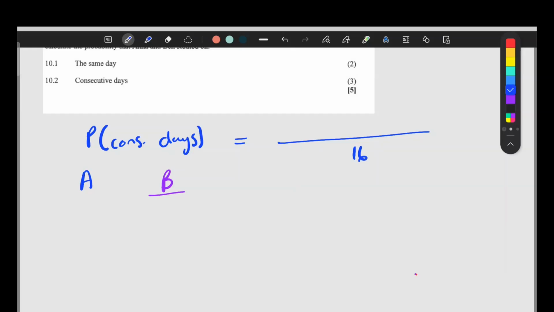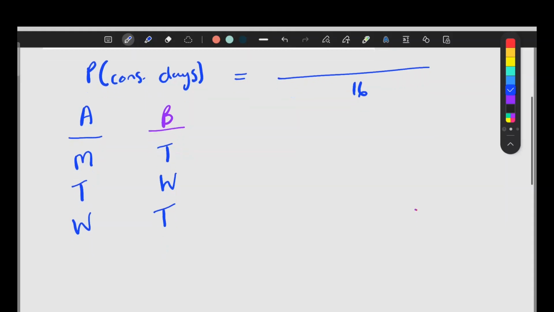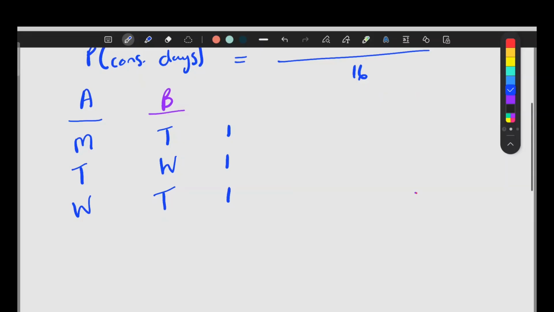Anna can study on a Monday, then Ben studies on the Tuesday. That's consecutive. Or Anna can be Tuesday, then Ben is Wednesday. Or Anna is Wednesday, then Ben is Thursday. Is there another option?